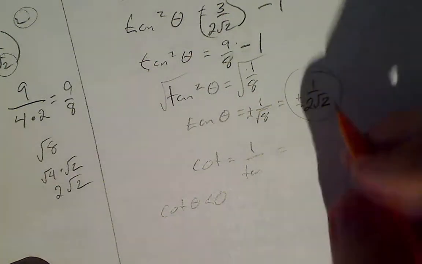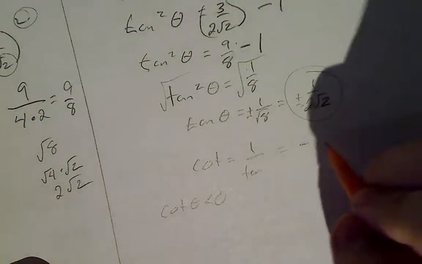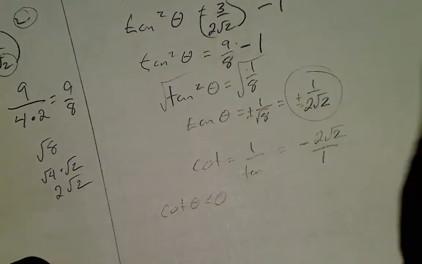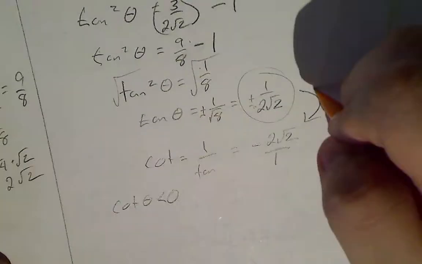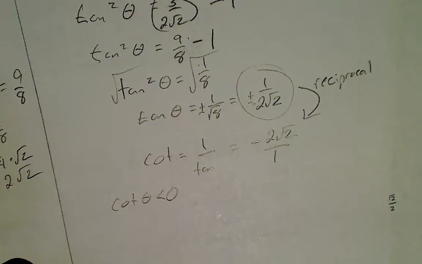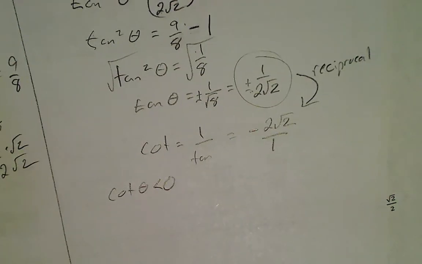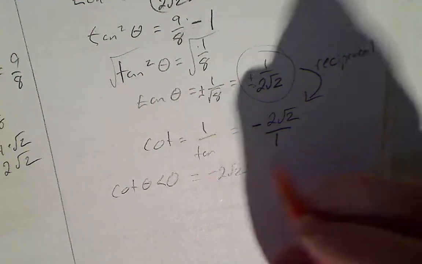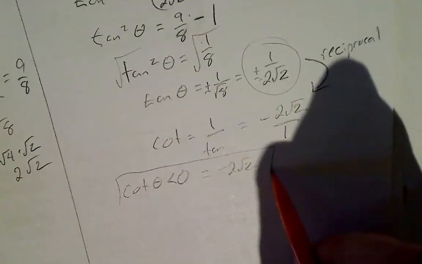So that's going to become a negative 2 root 2 over 1 to do the reciprocal. That's a lot, but that's how you do it though. So cotangent theta, where it's less than 0, is equal to negative 2 root 2.